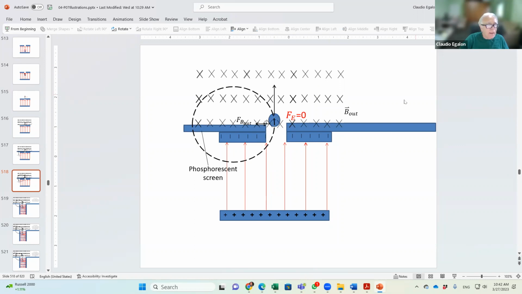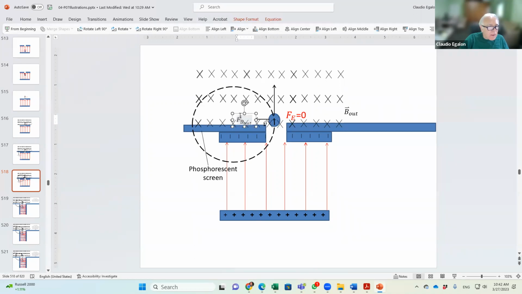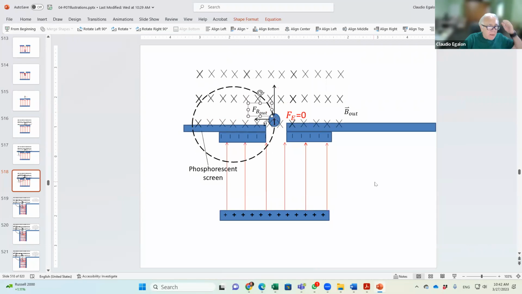Like that. Yeah, this drawing is becoming very okay. Here you go. Don't want this. Let me take out those magnetic field lines here.